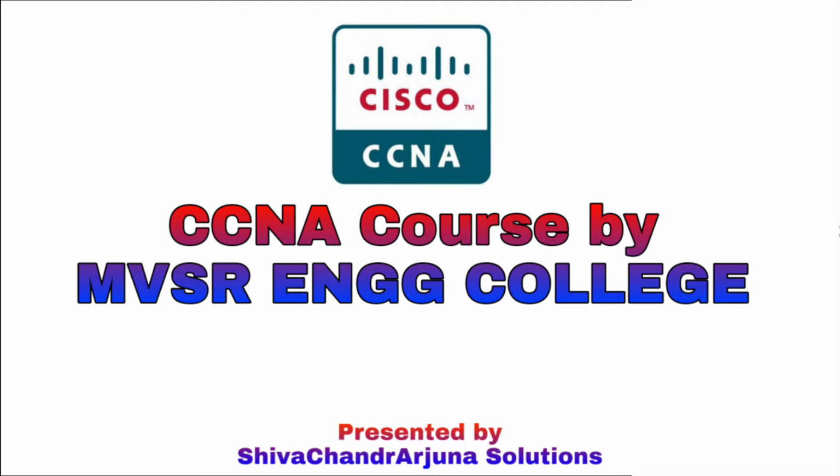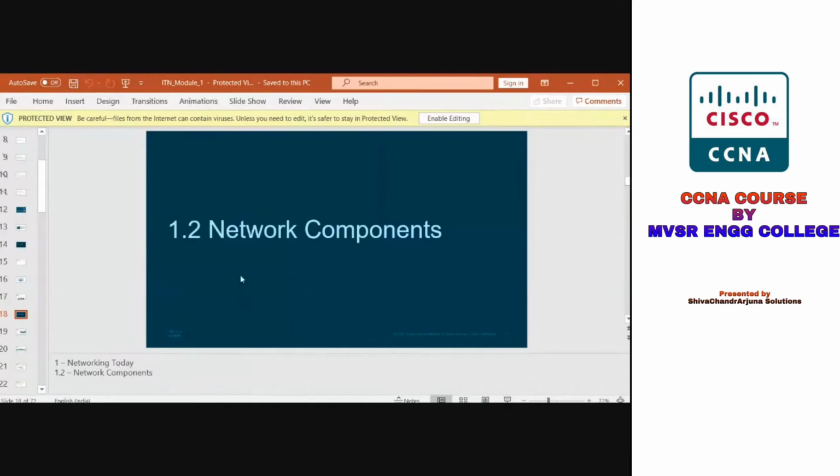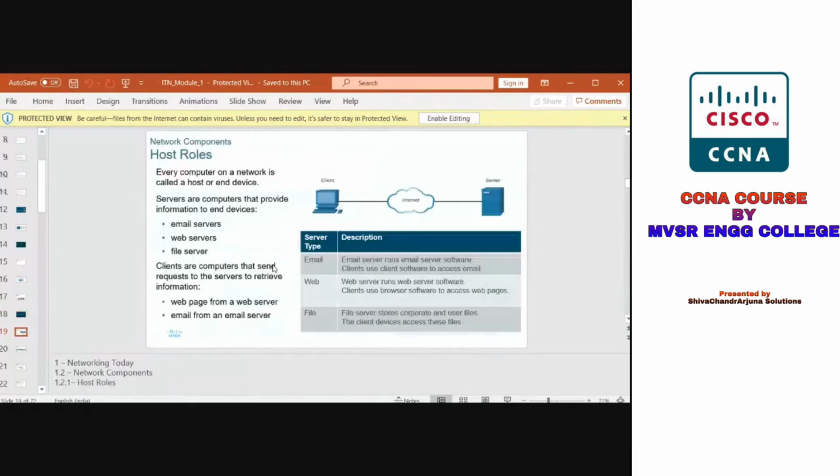Now I'll go for the theory part. I'll cover up to 70%. So the first chapter covers the basic concepts of networking, network components, and the host tools you want to follow. Every computer in a network is called a host or end device, we know that.